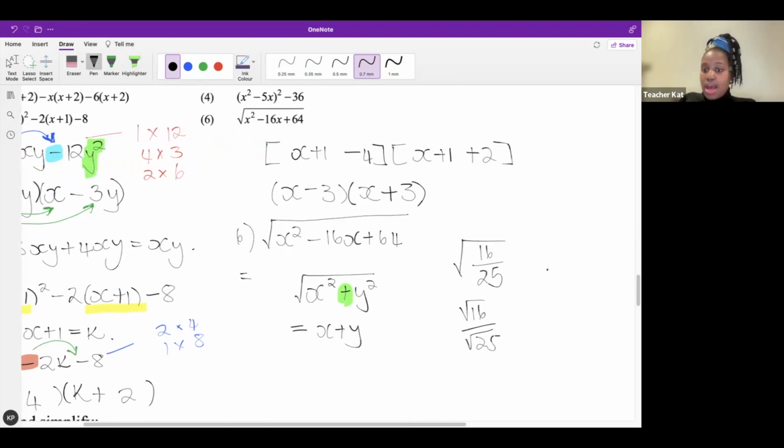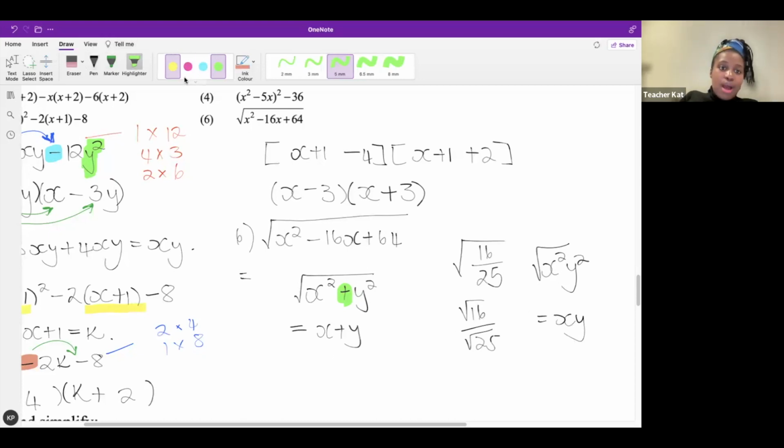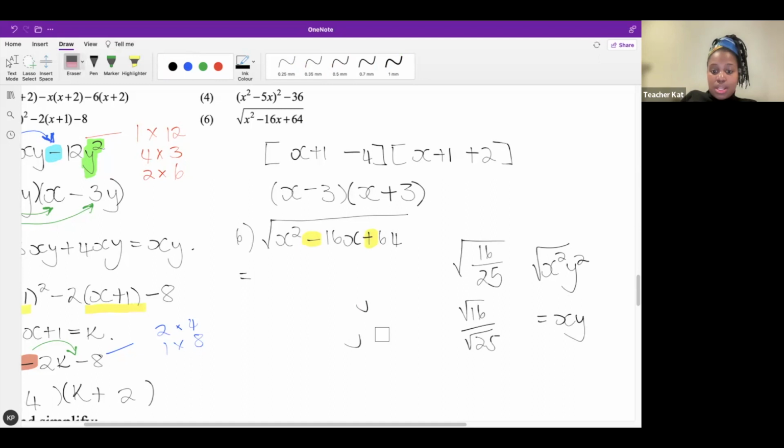Make sense? And if you have something like x squared times xy, then you can split it. But if you have pluses and minuses in between, you cannot split that. That square root needs to stay there.